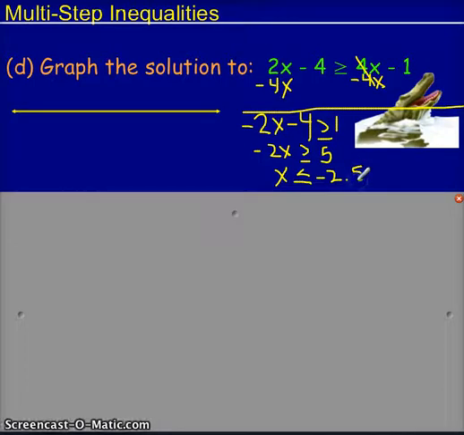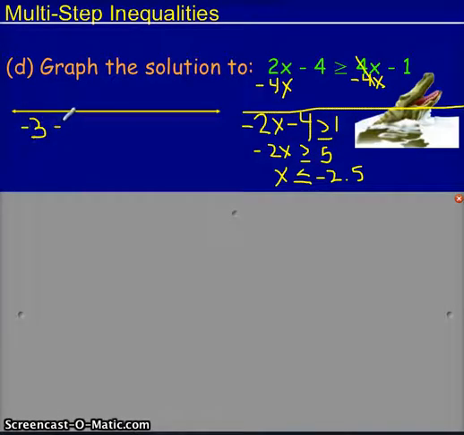Okay, and now we're going to graph this. So you can choose whole numbers, you can choose half number increments. It's totally up to you, but you have to label your number line first. So I'm going to make this negative 3, and then I'm going to go by halves.